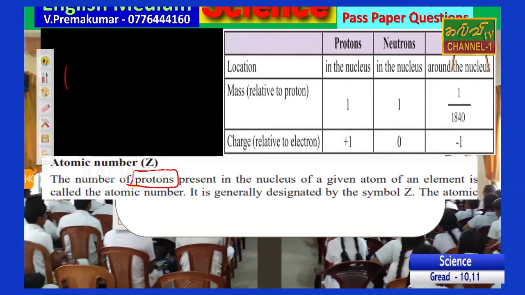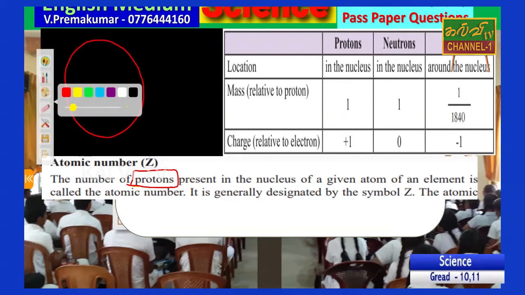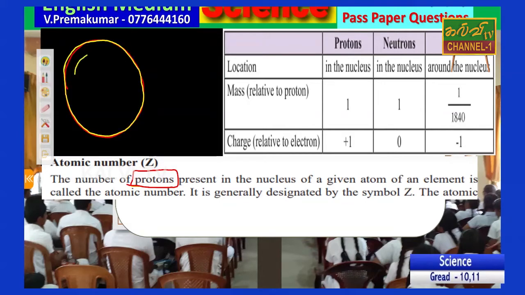Because here, take sodium as a sodium atom. When you consider the sodium atom, it has 2, 8, 1 electrons.